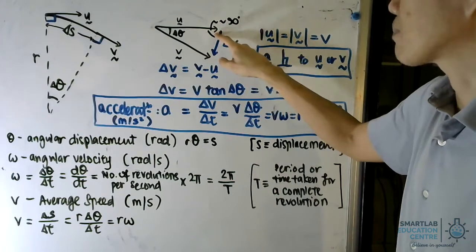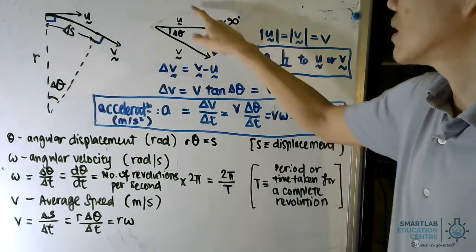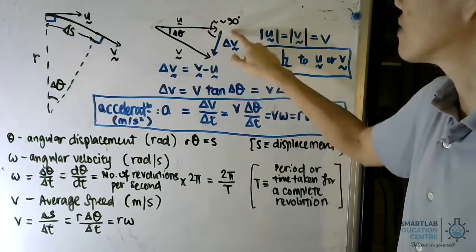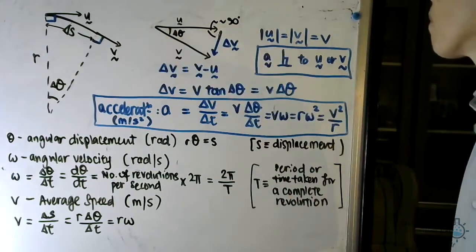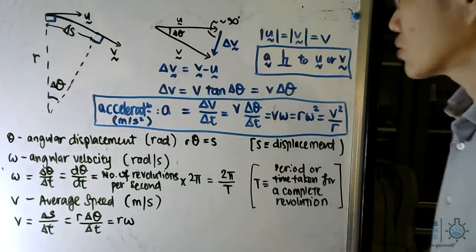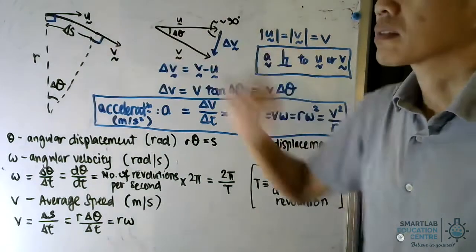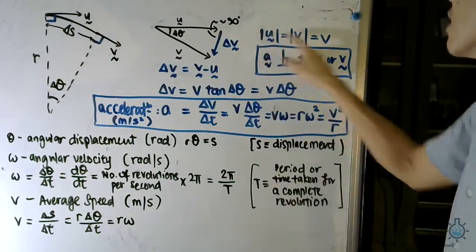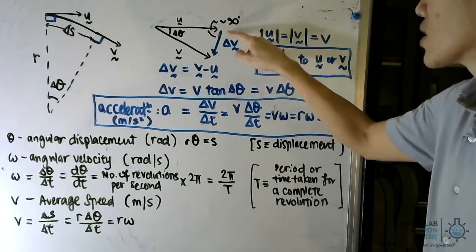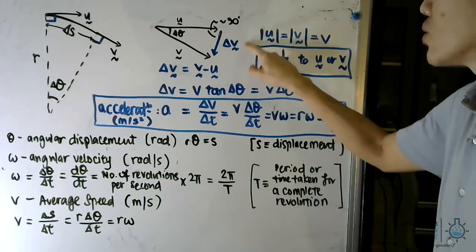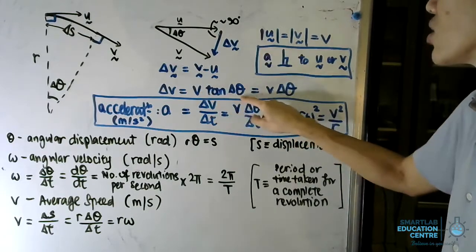The angle subtended between the change in v and your u or v is approximately 90 degrees because the angle delta theta is really small. Also note that in this calculation, the speed of the object in circular motion does not change, and we denote that by v. Assuming this to be close to 90 degrees, change in v is equal to v tangent delta theta.